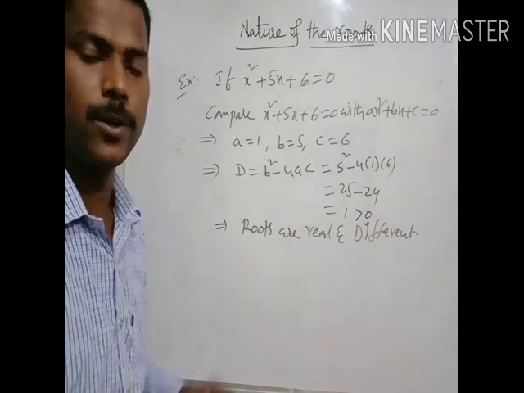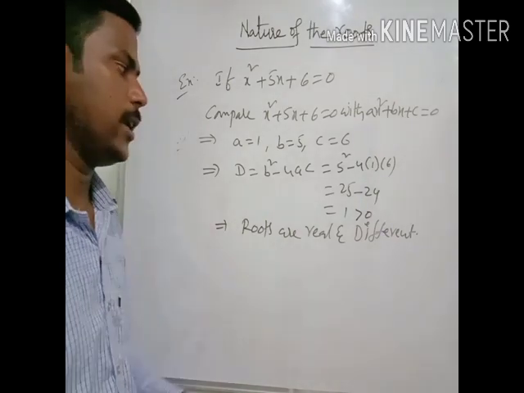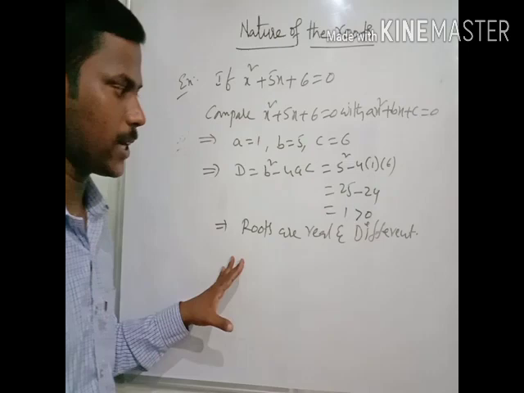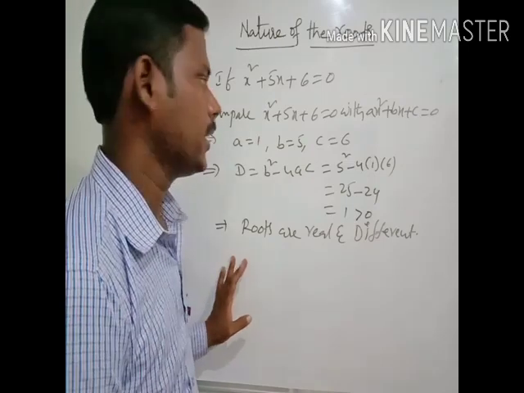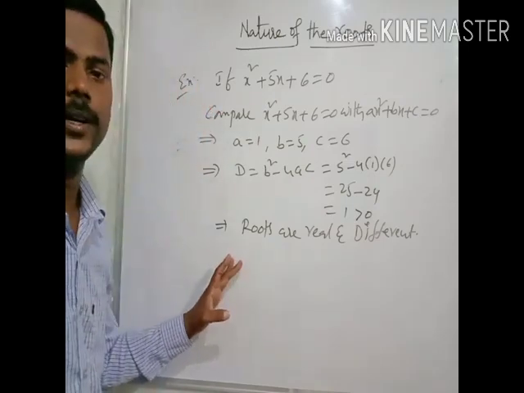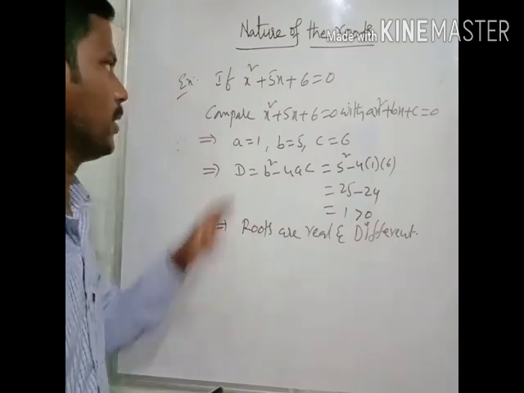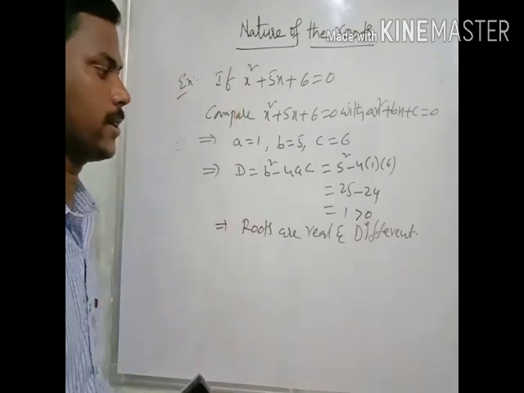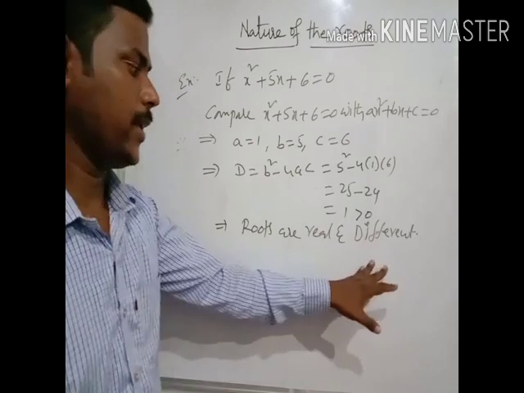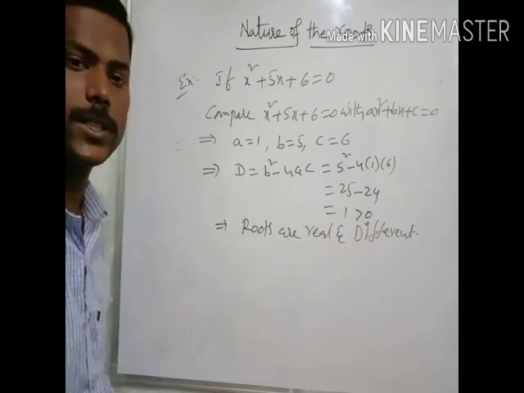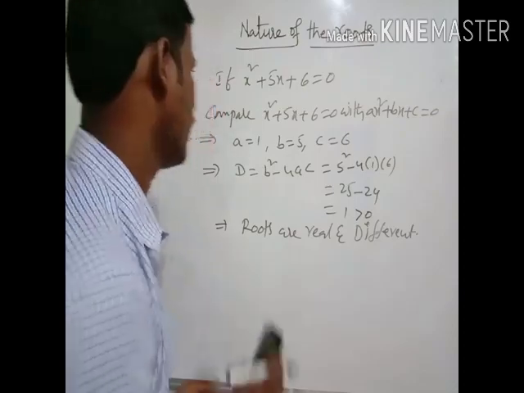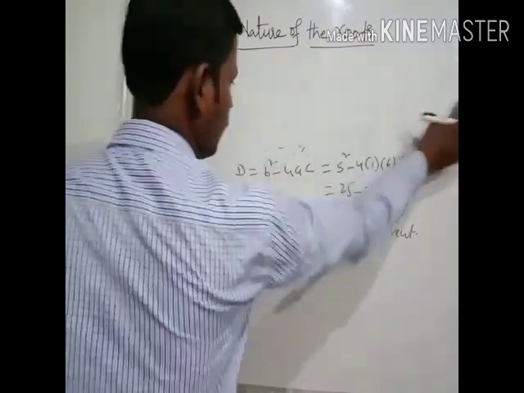Based on that value you can decide the nature of the roots. This is the way to find nature of the roots. In this example, the given quadratic equation has different real roots. Okay, children? Understood? Okay. See one more example.